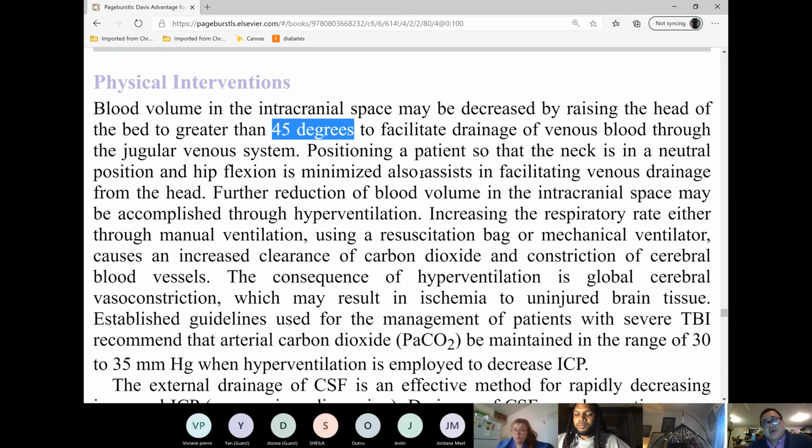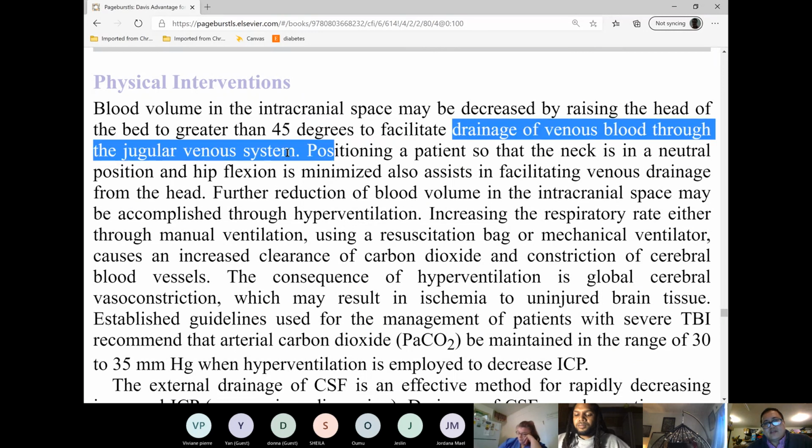And blood pressure also drops the higher the head of the bed position. So the consensus is anywhere between 30 and 45 degrees. This position facilitates drainage of blood from the brain down to your jugular and into the right atrium.